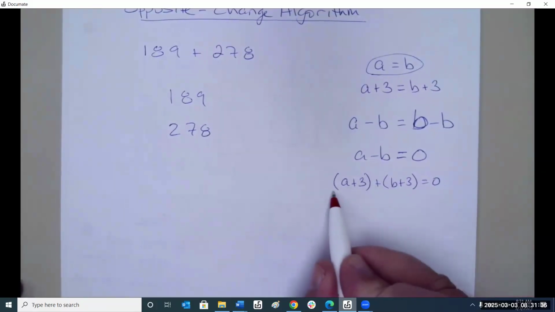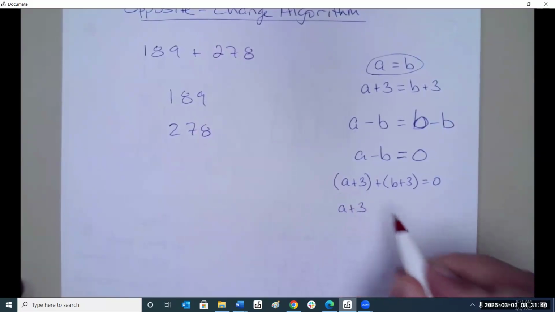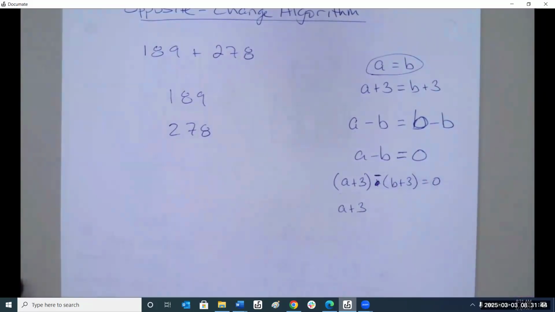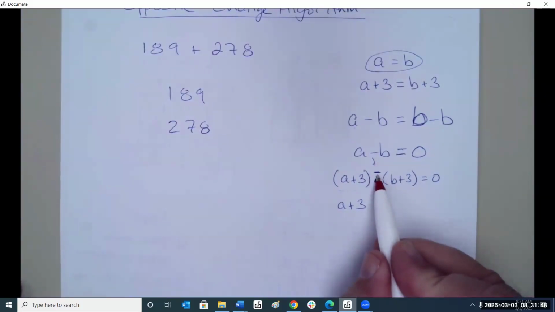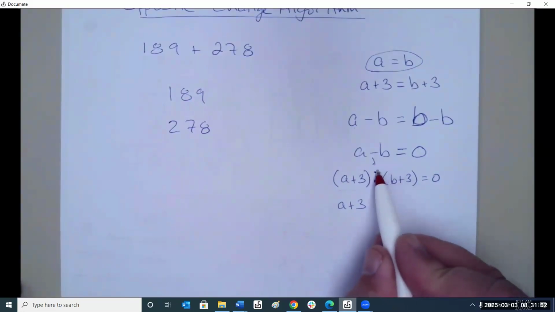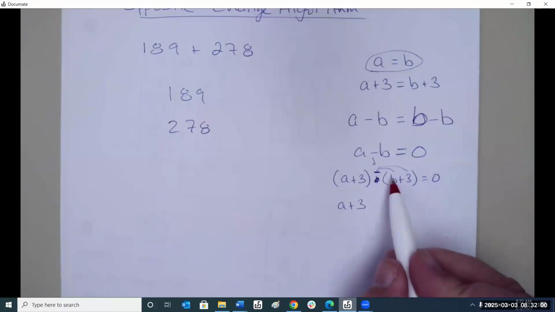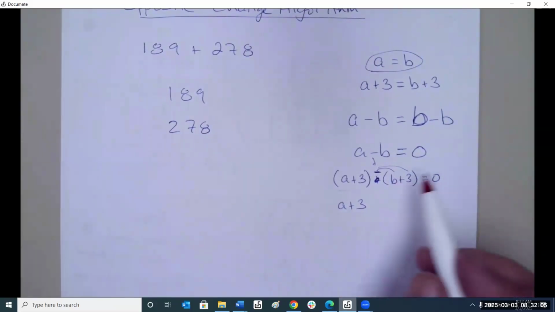If I get rid of the parentheses, what do I have? I just have A plus 3. Oops, there should be a minus there, because that's a minus. Now, what do I do with this minus in front here? What's that property called? Distributivity. Because yes, you're right, it means multiplication, but that's a property of distributivity.